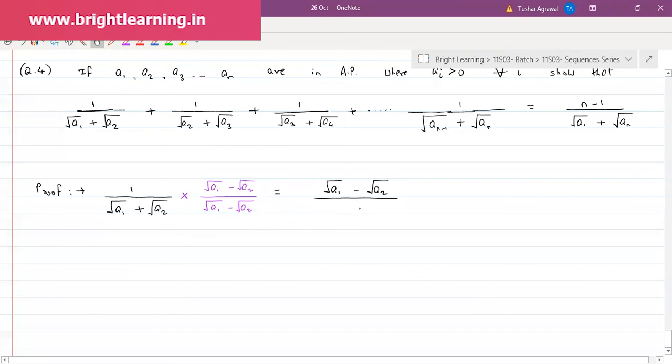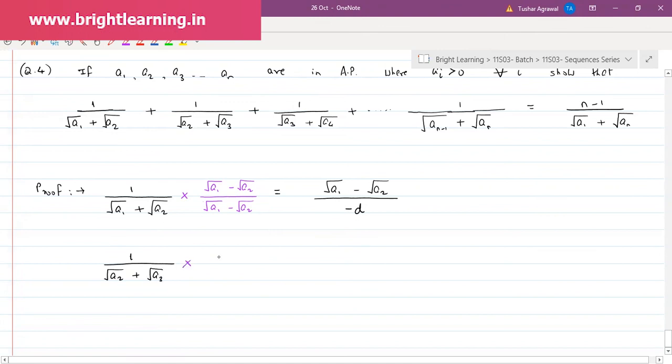Can I write the denominator to be equal to negative of d? So a1, a2, a3, a4 are in arithmetic progression, so a1 minus a2 is minus of the common difference. Do you agree with me? Yes, sir. 1 upon under root a2 plus under root a3, repeat the step.